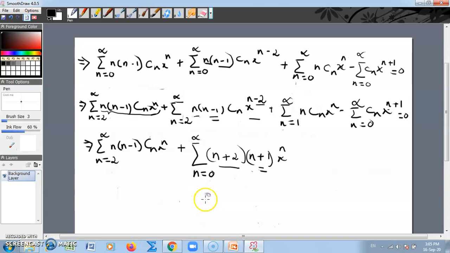When I write n equal to 2, I am opening this one. So what I get is the first term as 2 into 2 minus 1, that is 1, into C2. Then I forgot to put the Cn plus 2 here. We had Cn, I should have Cn plus 2 here.